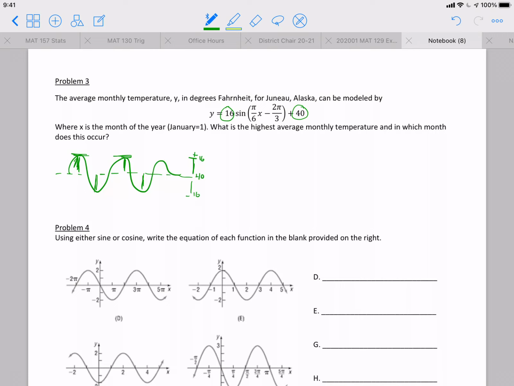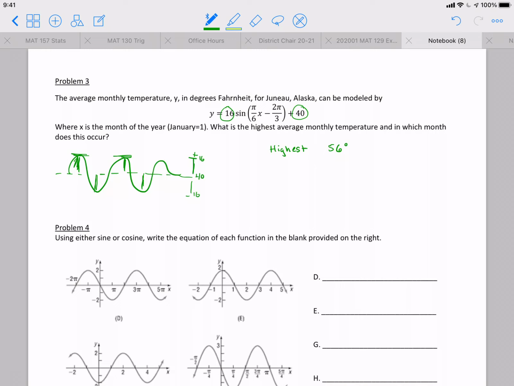So what is that? Well, the highest is therefore 56 degrees. Now the question is, when does that occur? You could just be guessing and checking, plugging that in. Another thing we could do is plug 56 in for y and try to solve, which is doable.